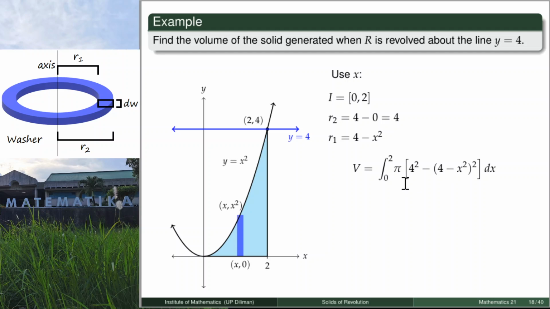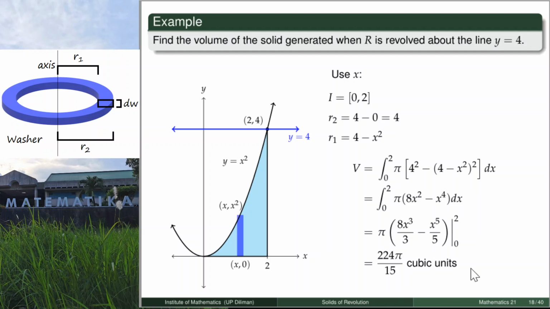And also mind your grouping symbols. So for example, here pi must be multiplied to the entire sum or the entire difference. That's why we have here brackets. Okay? And also, if R1 and R2 are sums, then before you square, there must be parentheses. Okay? So just things that you should be careful about. So again, find the volume, which means you have to expand, integrate, and evaluate, and you get this answer. And that's the volume of the solid.